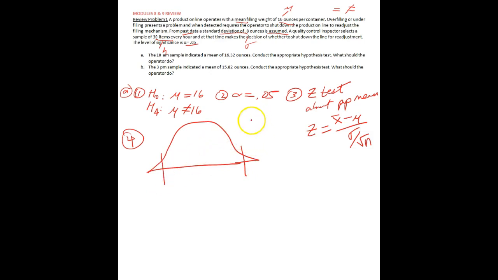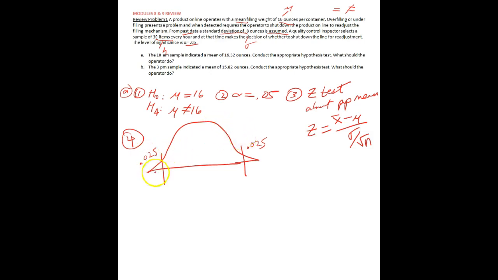And then the next thing is, how big are these tails? Well, for this, we look at alpha. We have alpha of 0.05, which means that our tail size, because we have two tails, is going to be half of alpha: 0.025 and 0.025.